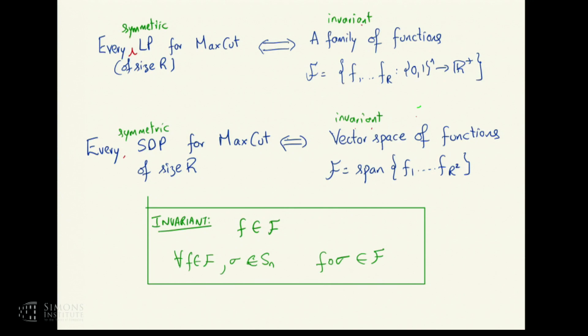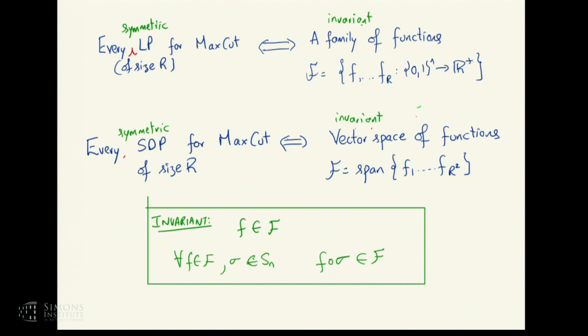For instance, the family of all D juntas is invariant, because if you take a D junta and permute the variables, you get a different D junta. Not every function is invariant on its own, but the entire family stays the same when you apply this.